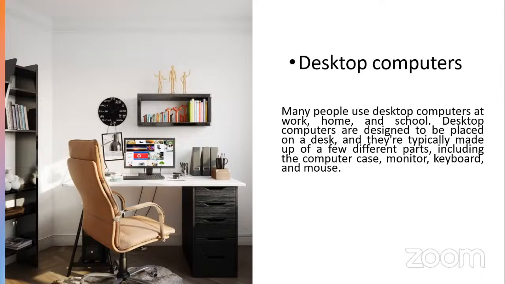A desktop computer is designed to be placed on a desk. That's why it's called desktop. They are made up of a few different parts like the mouse, the computer case, the CPU, the monitor, the keyboard, and so on.